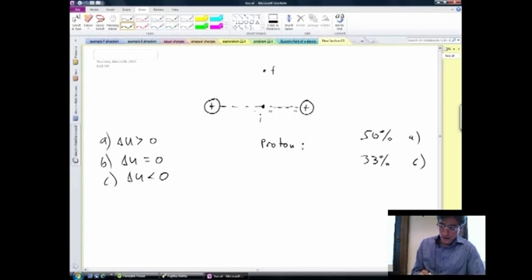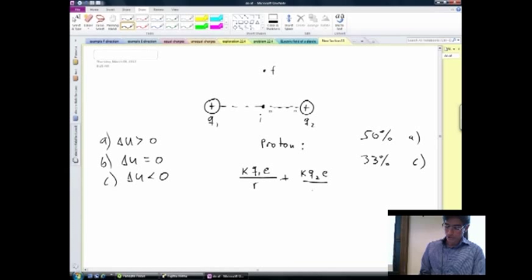So what's the initial potential energy? Well, it's going to be given by the term, whatever this charge Q1 is, and Q2, and the proton's charge. So it's going to be like K, Q1 times the charge of a proton, which is E, divided by that distance, plus the other term, which is K, Q2, the proton, and the distance to the proton.